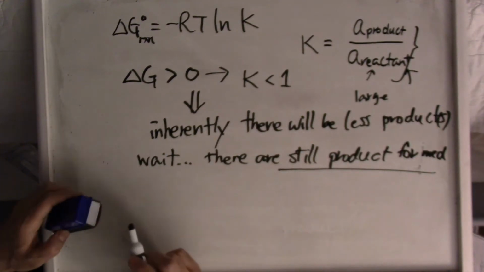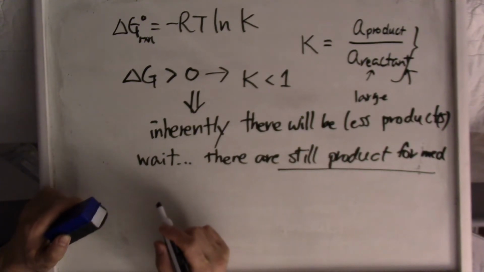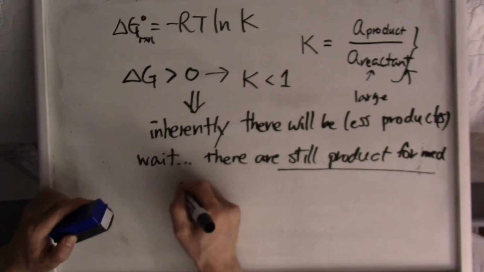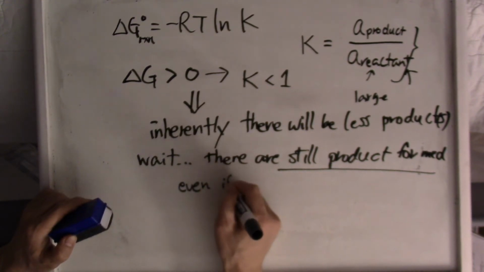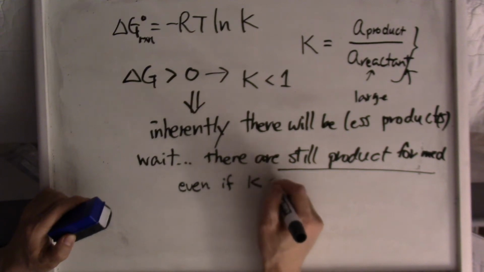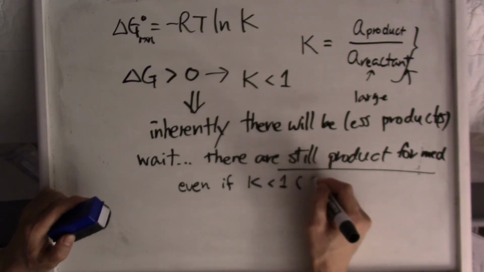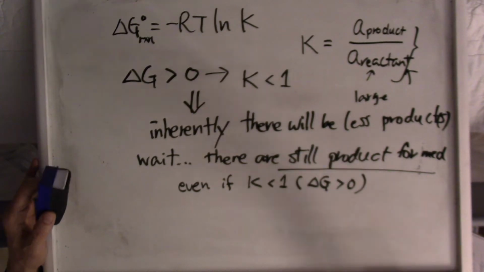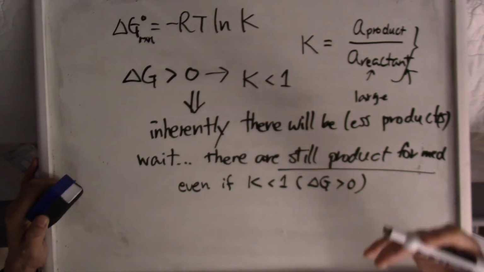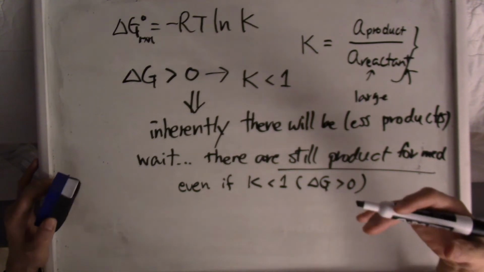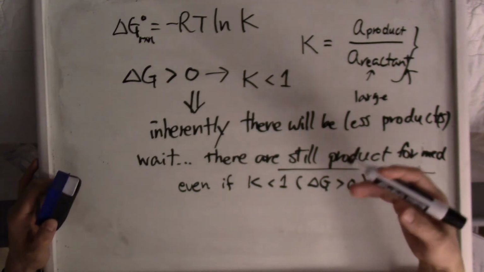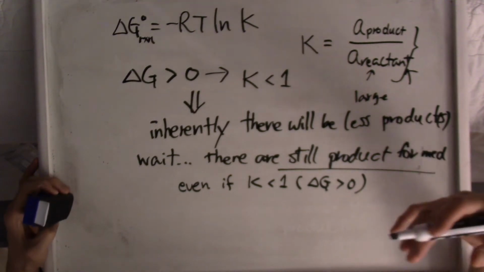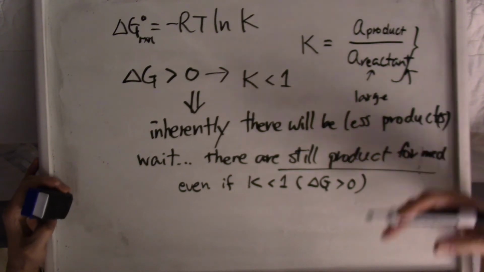So remember, even if the equilibrium constant is less than 1, or inherently delta G is greater than 0, the more positive it is, the higher the delta G. Inherently the reaction wouldn't go, but still product is formed.